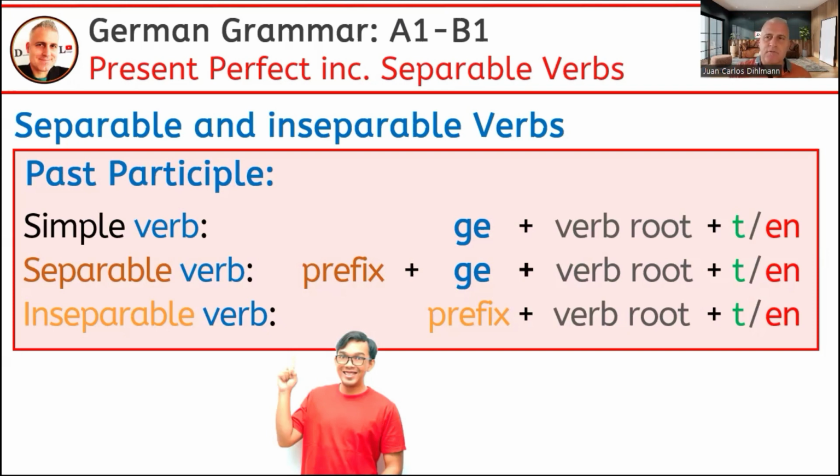For all separable verbs, just like einkaufen, the pattern is the separable prefix plus ge plus verb root, and then plus t or n. And the pattern for inseparable verbs, just like verkaufen, we have the inseparable prefix plus verb root plus t or n.